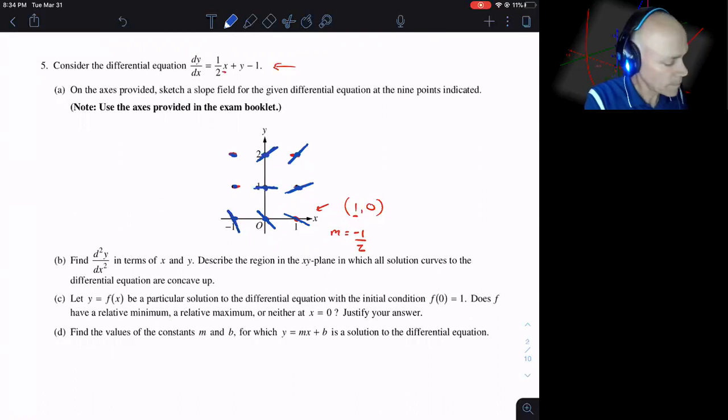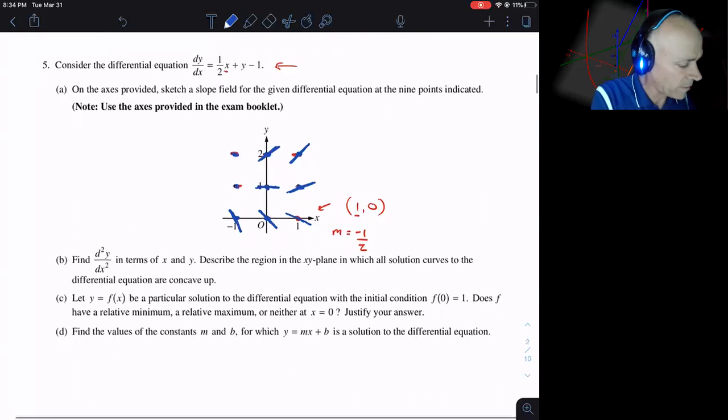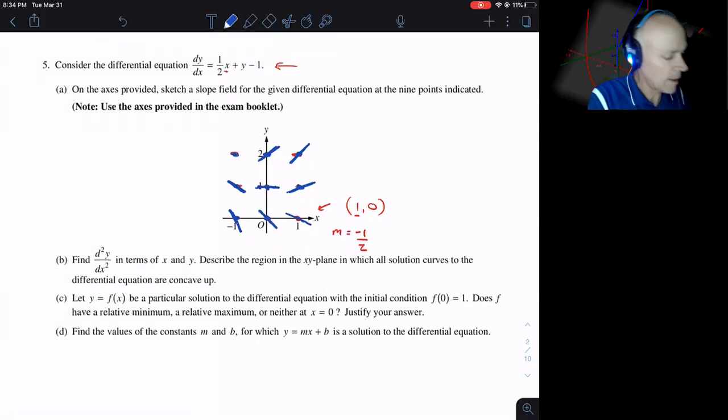Move to the one right above it, which has coordinates negative 1, 1. Plug that in, and that should have a slope of negative 1/2. And the last one, plug in the coordinates negative 1, 2. That should have a slope of positive 1/2.